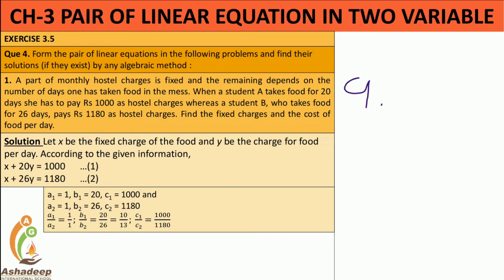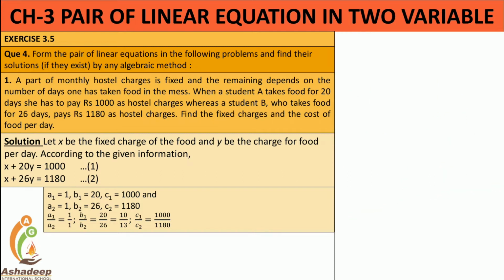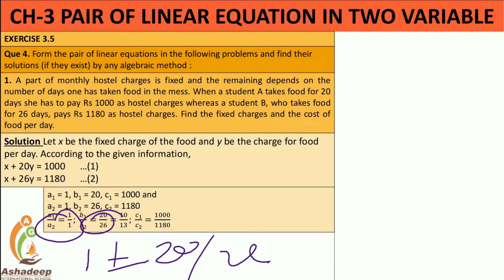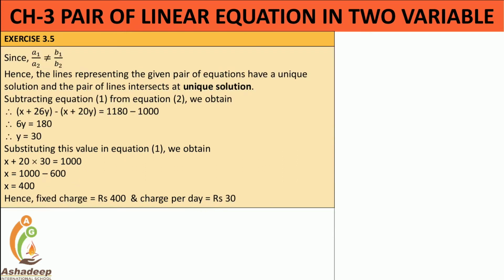That means we need to check that a1 upon a2 is not equal to b1 upon b2. Here a1, a2 are 1 and 1, and b1, b2 are 20 and 26. So 1 upon 1 is 1, and 20 upon 26 is not 1, so it is not equal. Therefore a1 upon a2 is not equal to b1 upon b2, so the unique solution exists.